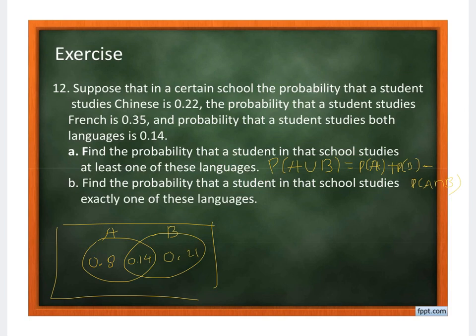So for A, the probability that a student studies at least one of these languages is 0.08 plus 0.14 plus 0.21, equals 0.43. For B, the probability that a student studies exactly one of these languages is 0.08 plus 0.21, equals 0.29.